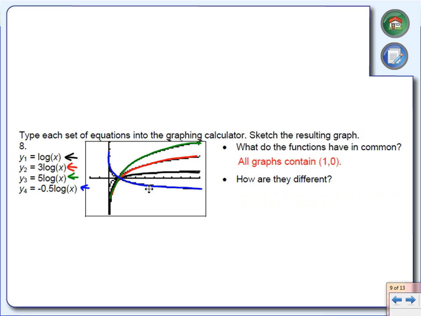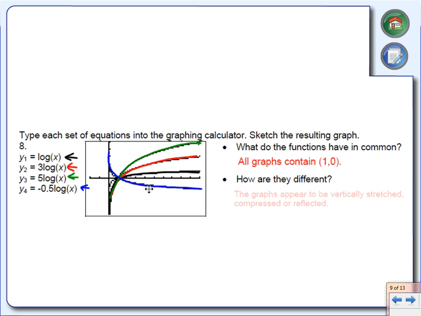What else? What do you notice about these two equations, 2 and 3? What do they have in front of that log? The 3 and the 5. What do you think that 3 and 5 is doing to the graphs? Making it bigger. And what's making it bigger? We are vertically stretching. Okay, so not only do we see some reflection, but we also see some stretching and compressing. Okay, so those are the three things I want you to write down.